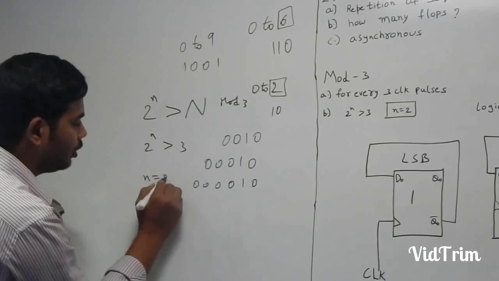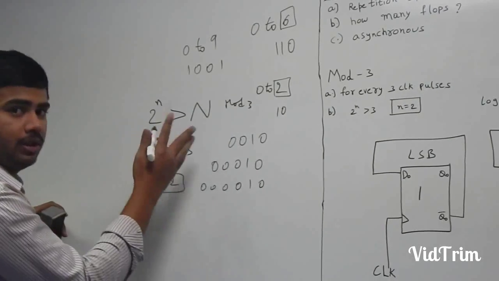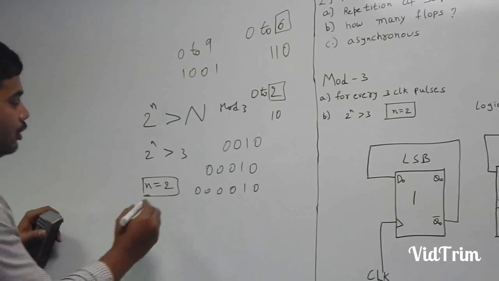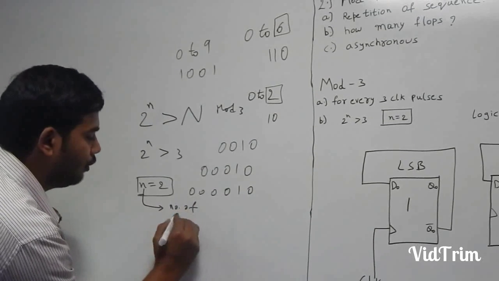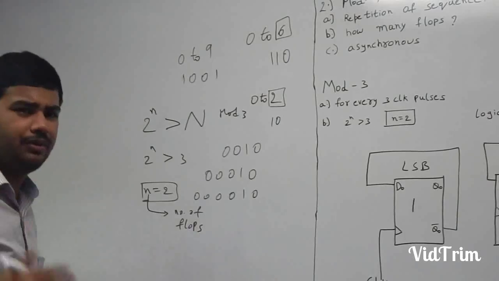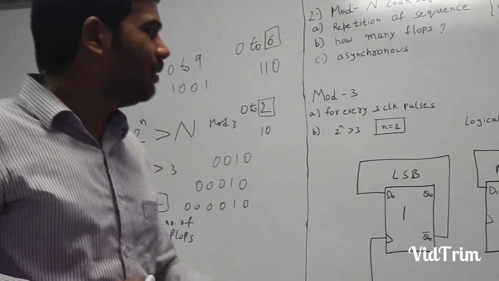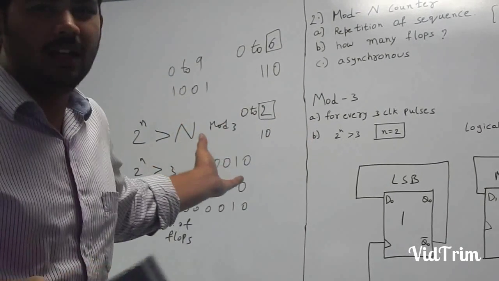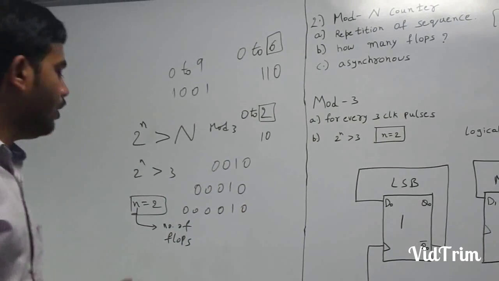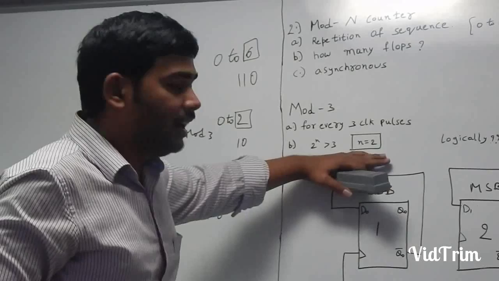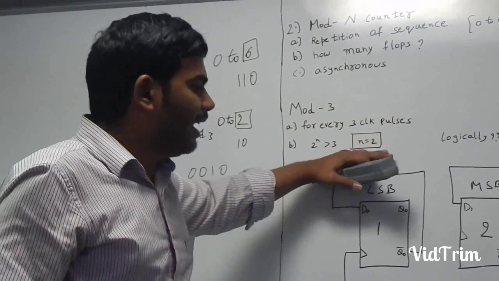So n should be 2, because 2 power 2 is 4, which is obviously greater than 3. This n is nothing but the number of flops. If you don't want to remember or mug up this formula, logically you can come to the same conclusion about how many flops we require. With the formula I required 2 flops.